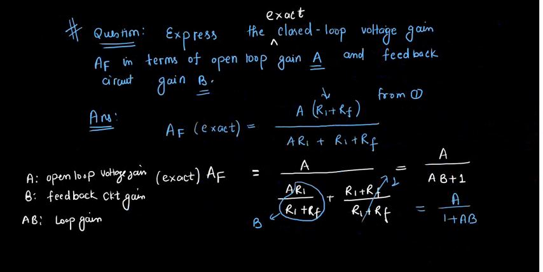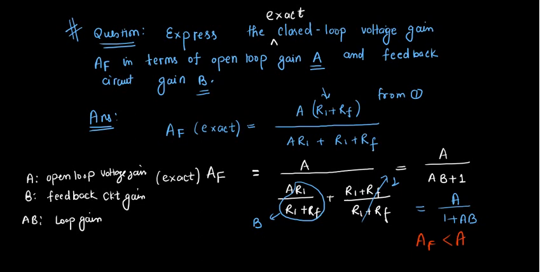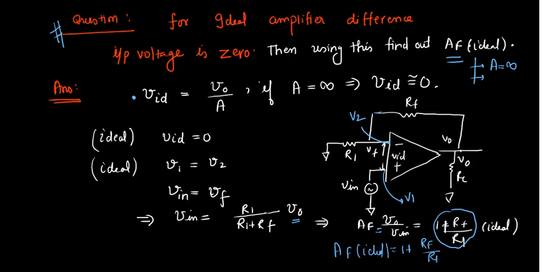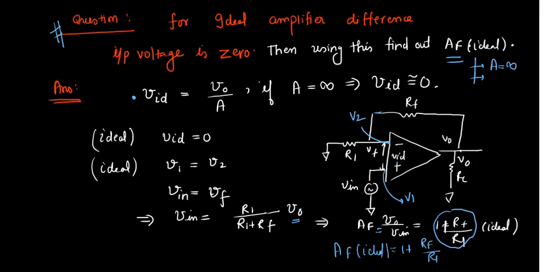So of course you can see that AF is less than A. Next, we also discussed a shortcut method to derive the ideal AF, right? And what concept did we use? We used the fact that the differential input voltage is zero, because of the high open loop gain of the amplifier.